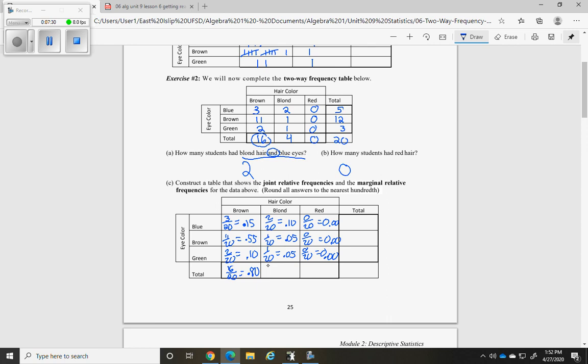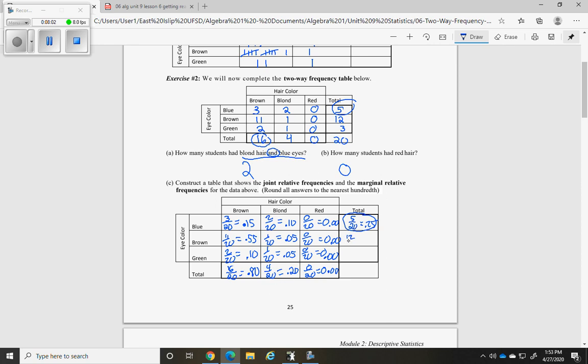So there were 4 people out of 20 who had blonde hair. So that's 0.2 or 0.20. And then there were 0 people out of 20. So that's 0.00. And then when I do this marginal frequency, now I'm going horizontally, but really I'm just looking at this number up here. It's 5 out of 20, which is 0.25.